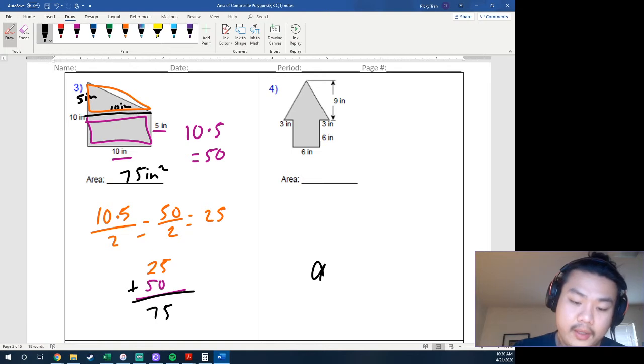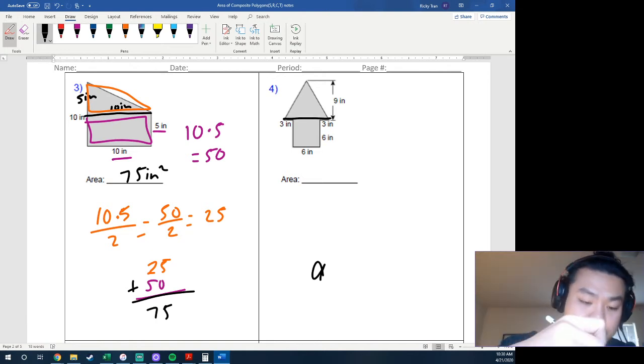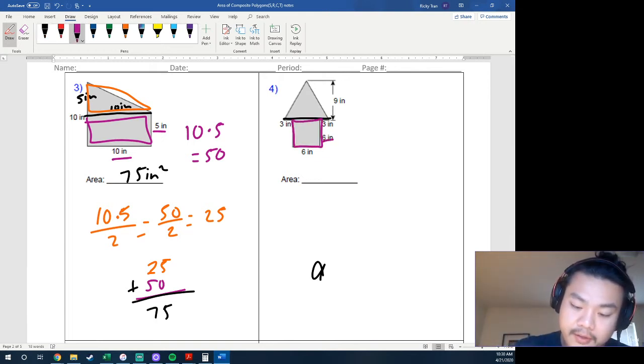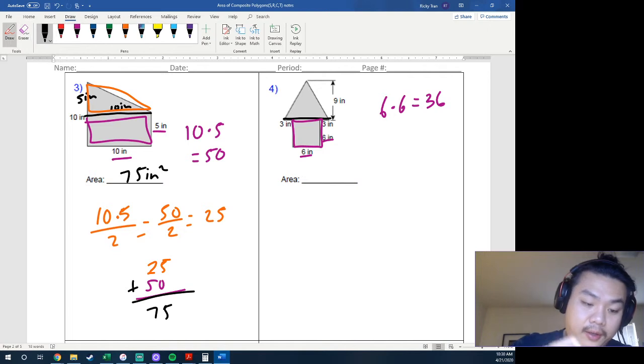All right, so next one, we're going to do this triangle here. Now if you look closely, we're going to start with this square. It's just 6 inches by 6 inches. So 6 times 6, 36. The arrow, if you look closely, to get this length right here, it's just 3 plus 3 plus 6, or 12 inches.